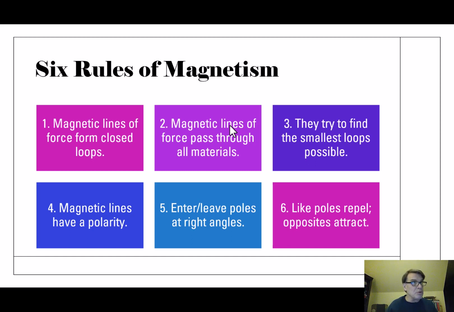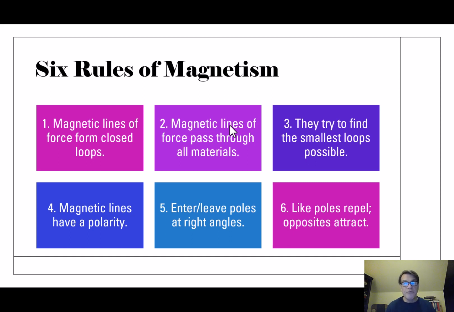A lot of times when you use that kind of a tool, you will drink something that has a substance that is affected by a magnetic field, and therefore the magnetic resonance spectrography can see how those magnetic things inside of you move, as it were. So magnetic lines of force pass through all materials.